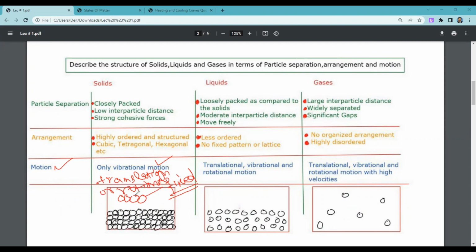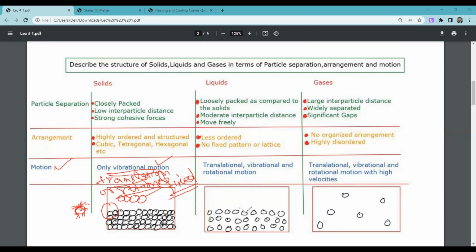They can vibrate at their position. Therefore, we can say that they have only vibrational motion.